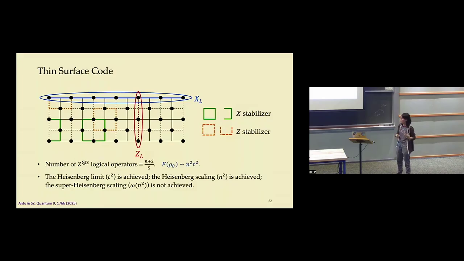As a result, the Fisher information is going to be n squared times t squared. So you can see that we achieve the Heisenberg limit with respect to time, and we also achieve the Heisenberg scaling with respect to the number of qubits. However, we do not achieve the super Heisenberg scaling in this case. That means the surface code is only suboptimal in this scenario.